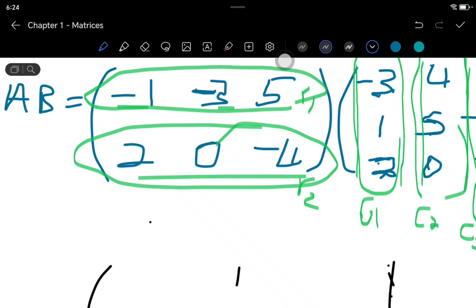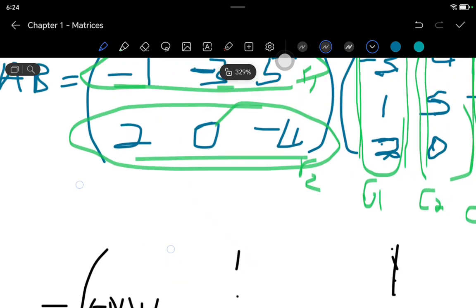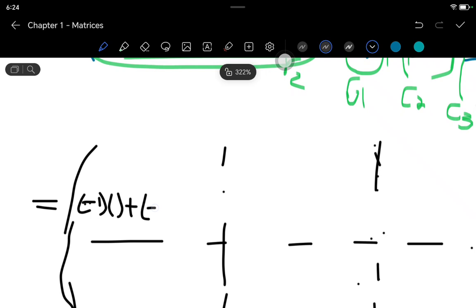The entries we have are -1, -3, 5. So I'm going to take that -1, multiply it by something, add, take the second one, -3, multiply it by something, and then add, take 5, multiplied by something.